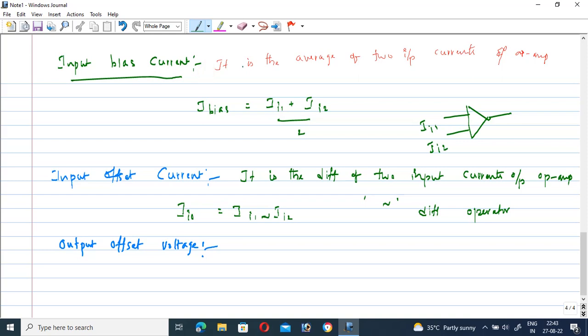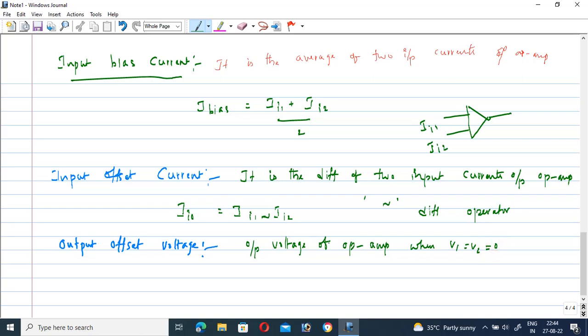It is the output voltage of op amp when V1 and V2 are equal to 0.